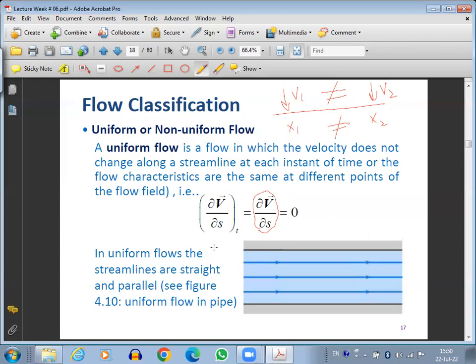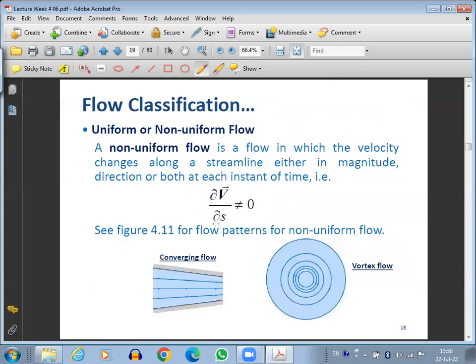So instead of a capital D, I'm using ∂. So ∂v/∂s, the velocity variation with space, is equal to 0 if it is uniform flow. For non-uniform flow, the velocity variation with space will not be equal to 0. There will be variation.